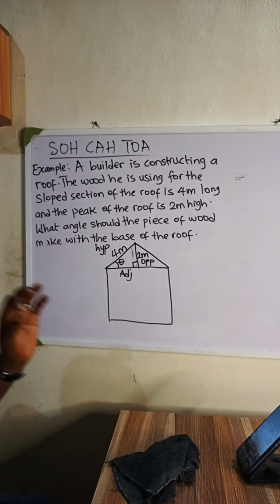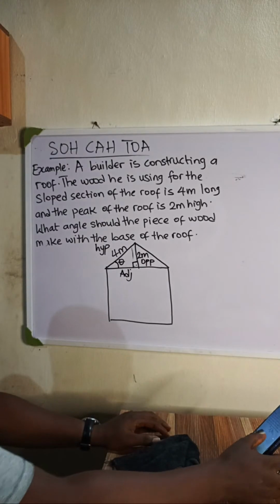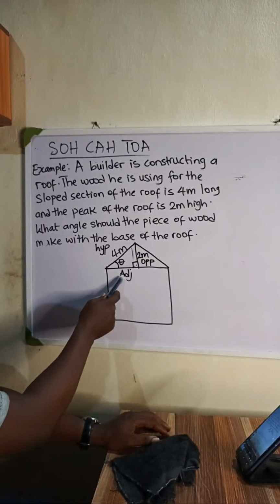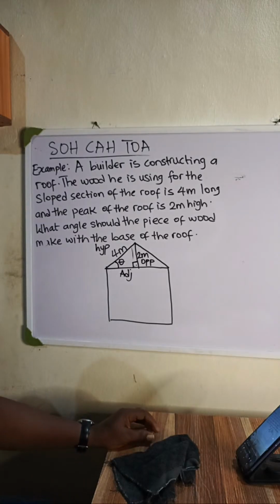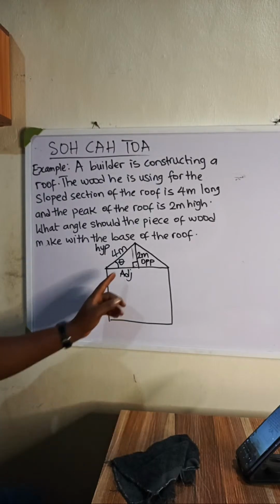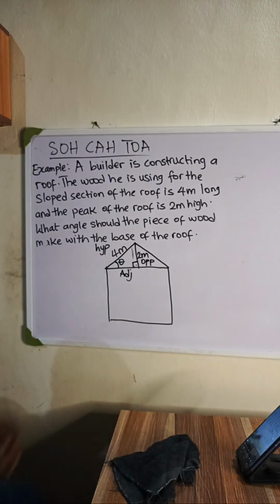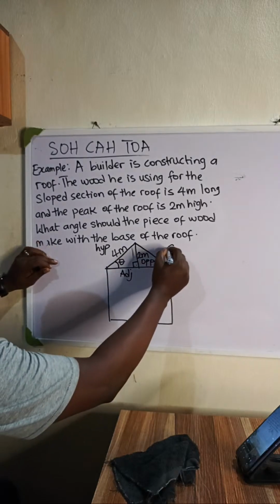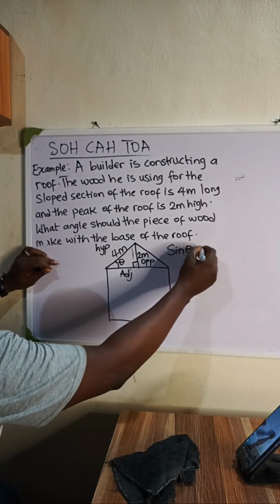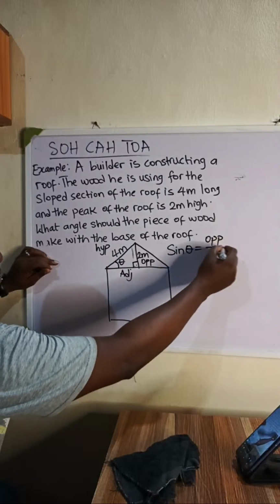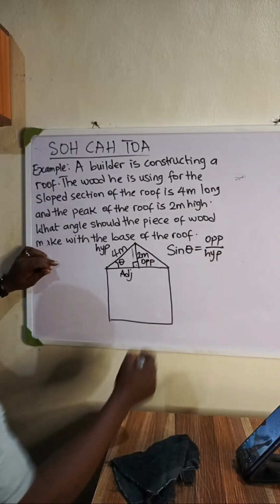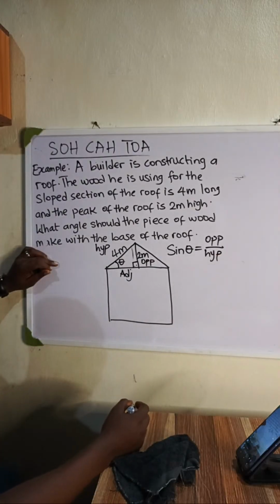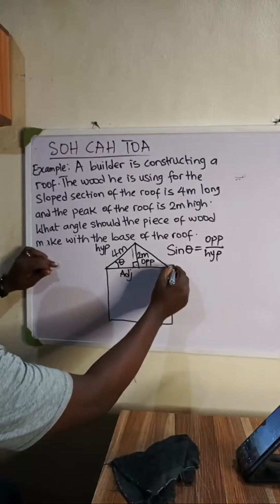We are using SOH because from this diagram, the adjacent is missing. Anything that contains adjacent cannot be used, correct? So we are using SOH, which is sine. So you can simply say sine theta is equal to opposite over hypotenuse. We don't know what theta is.